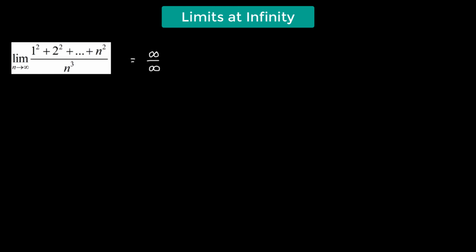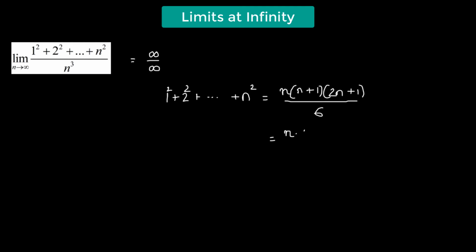Now, however, when we sum the squares of n natural numbers, this sums up to n times (n plus 1) times (2n plus 1) divided by 6, which equals n times, taking n as the common factor, (1 plus 1 over n).